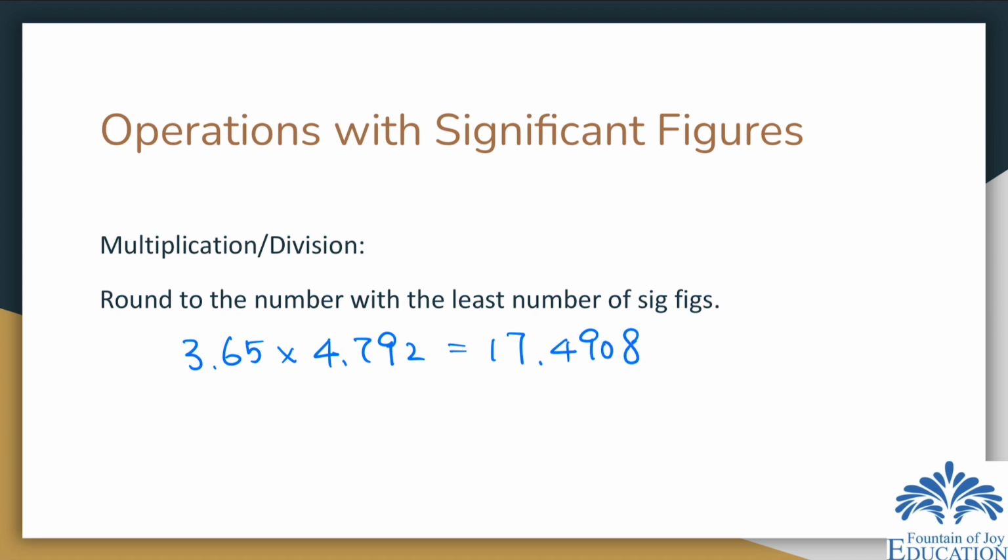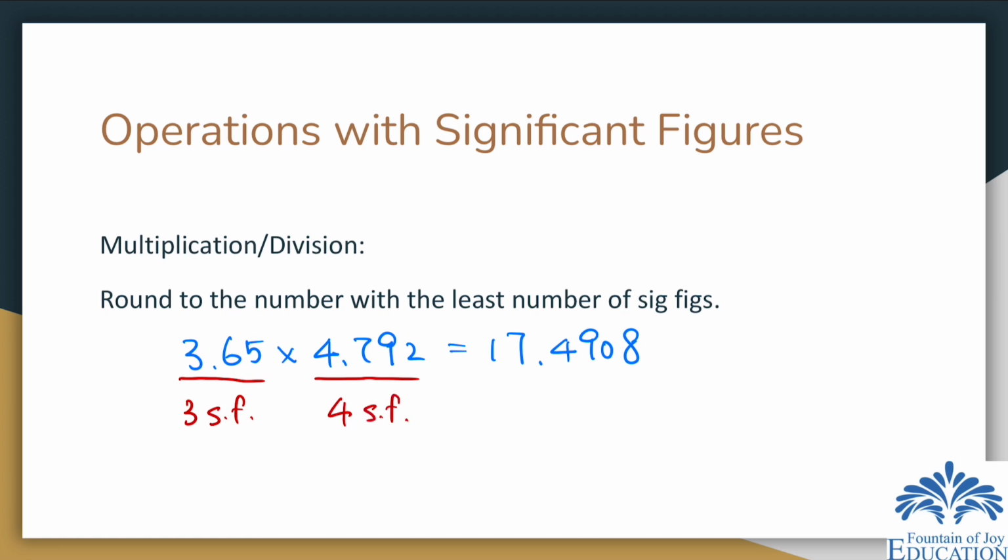When we determine how many sig figs are in our final answer, we have to look at how many sig figs we have in each of our numbers. So 3.65 has 3 sig figs, and 4.792 has 4 sig figs.